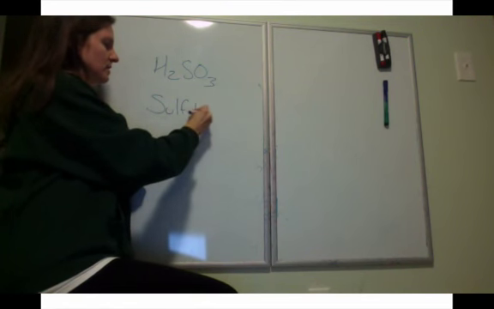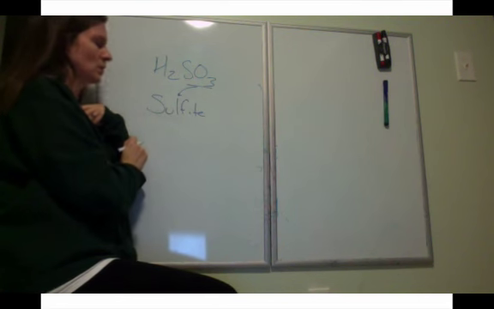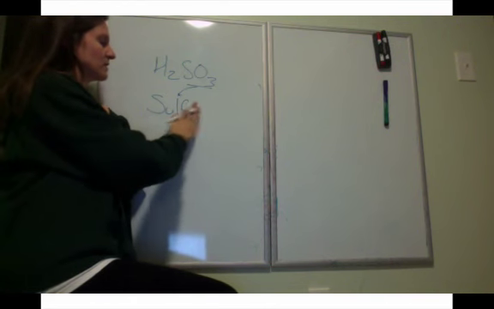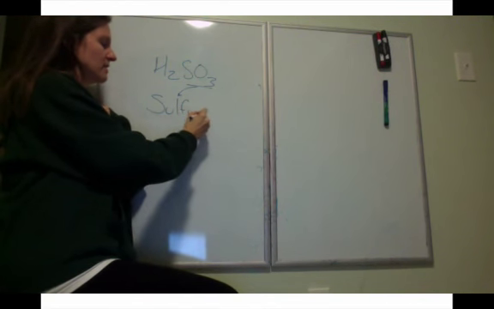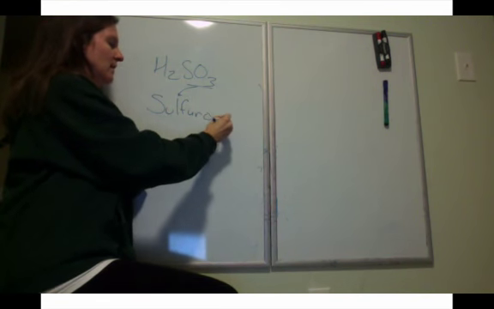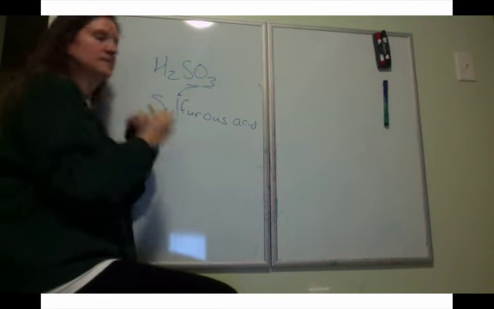So this anion right there is sulfite. Well, for acid naming, ite becomes ous, and for sulfur and phosphorus, we re-add the full elemental name, so sulfur, and then we add the new ending, sulfurous acid.